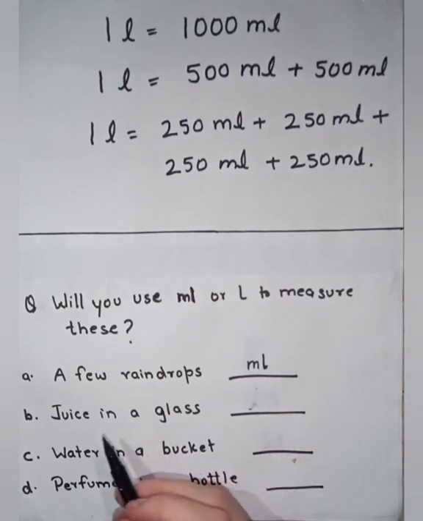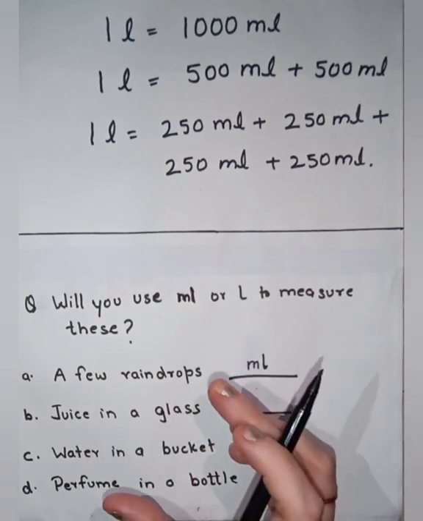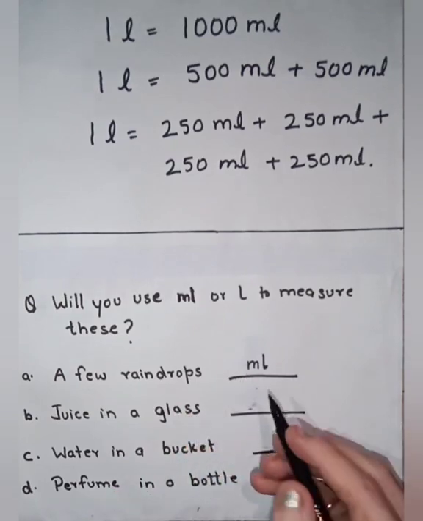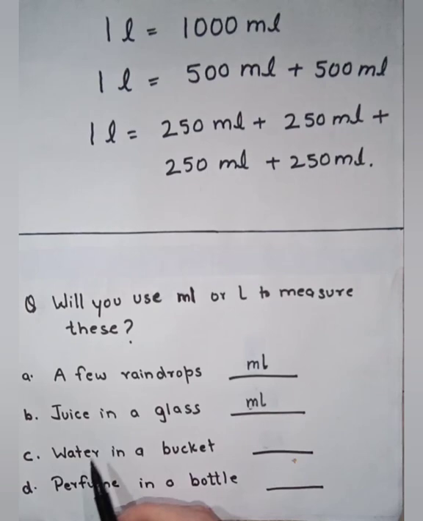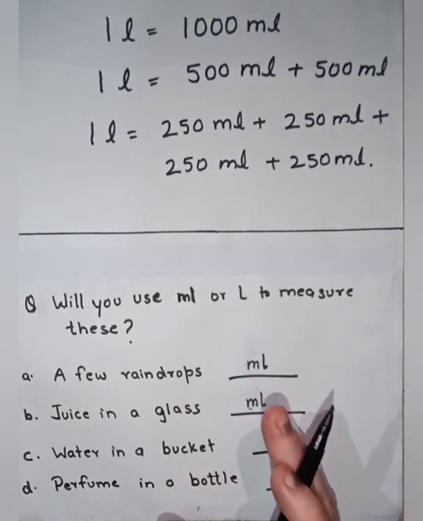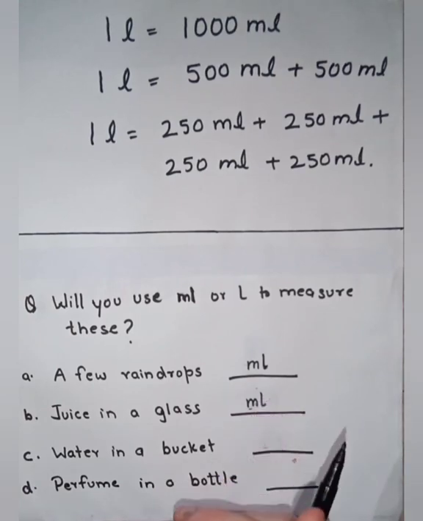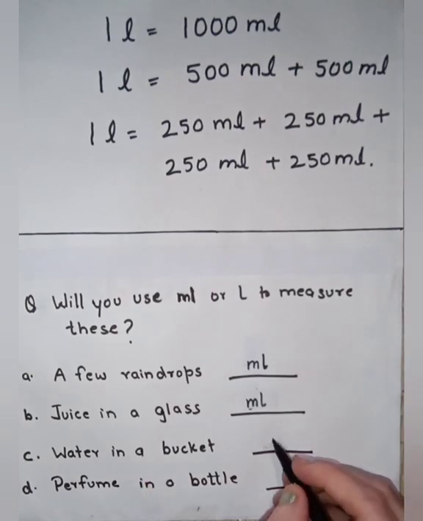Yes. Next one is juice in a glass. So, juice in a glass, it means small quantity. Again, we will write milliliter. Next one is water in a bucket. Bucket is big. So, water in a bucket means large quantity of water. So, we will write liter.